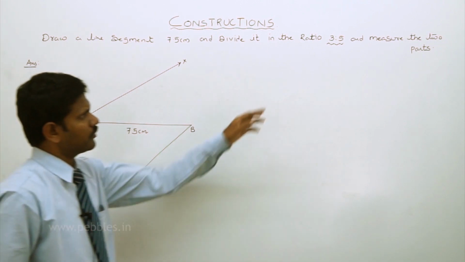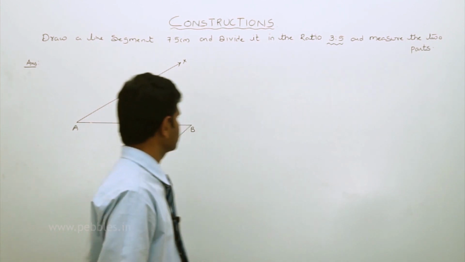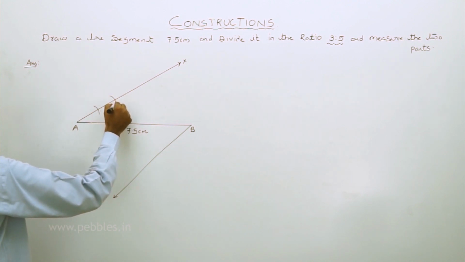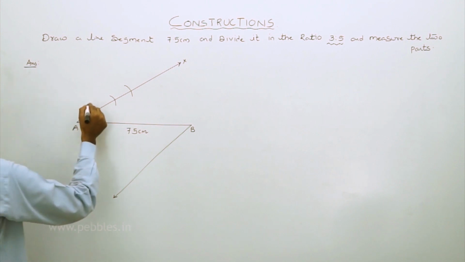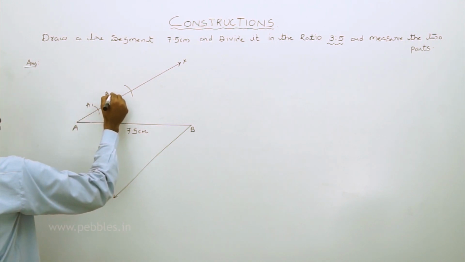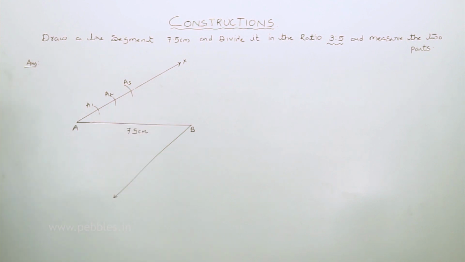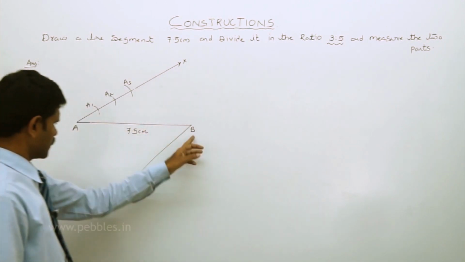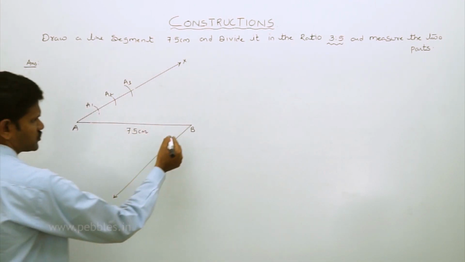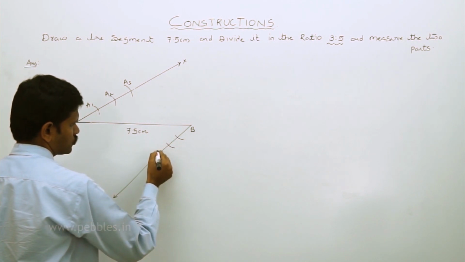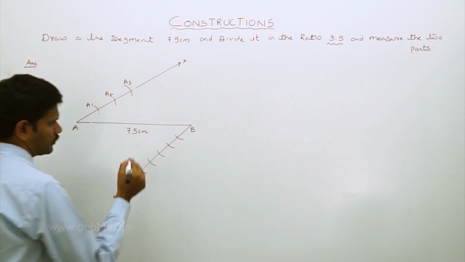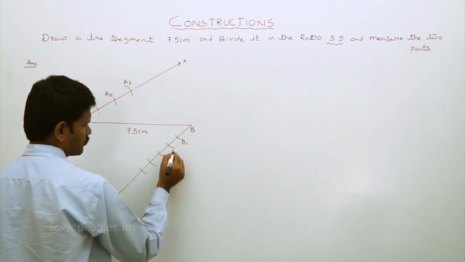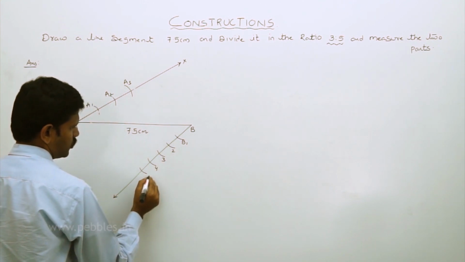Now, our first part is 3. Divide AX into 3 equal parts. That is A1, A2, A3. And our next part is the 5. Divide BY into 5 equal parts. 1, 2, 3, 4, 5. Now this is B1, B2, B3, B4, B5.